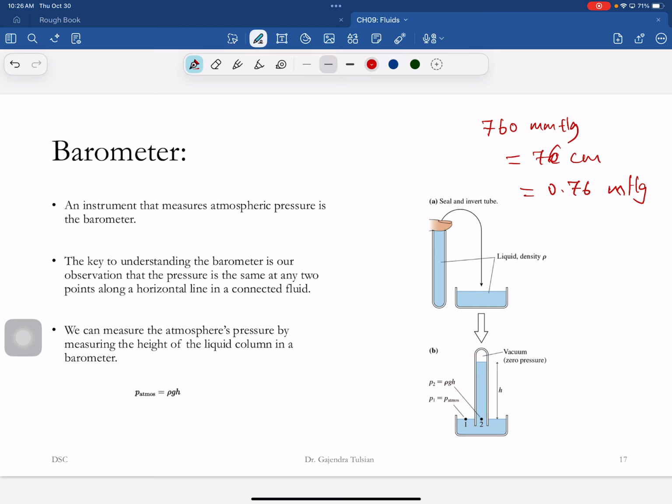So the pressure due to that column of mercury is rho, the density of mercury, times g times h, the height. So the higher the density, the smaller the height. If you use water, this would be 10 meters. If you use mercury, this is 76 centimeters.